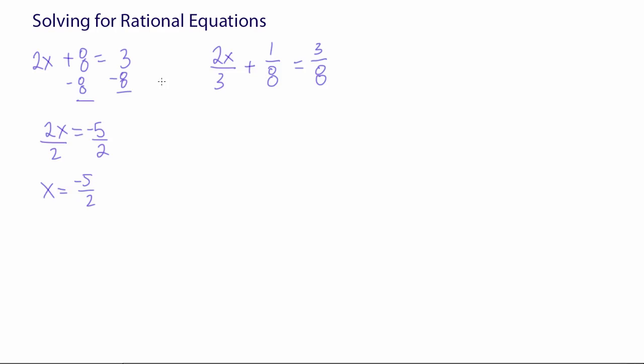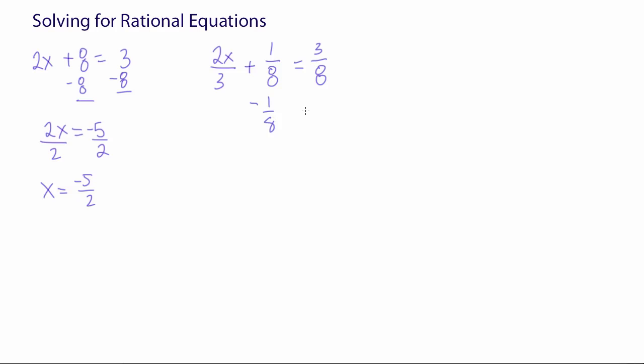Now, if you compare these two equations, this one was you combine like terms and then you divide by 2. Well, here we could also combine like terms. They're fractions. It's just that we tend to not understand how to deal with fractions.